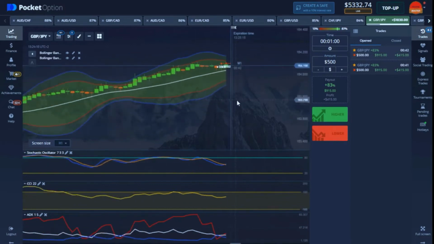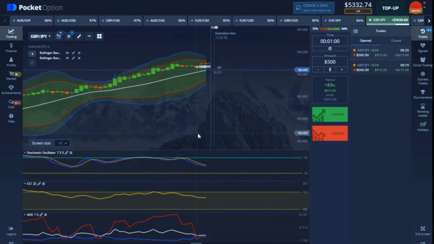The second thing is the trend of our stochastic: it has been in the overbought position and has been heading down, so good when it comes to this. The same thing with our CCI, which followed the trend coming down. But the most important thing is that we have our ADX lines in combination in the oversold position. So with this I know it's definitely going to be a good moment, so that's the reason why I apply this trade.